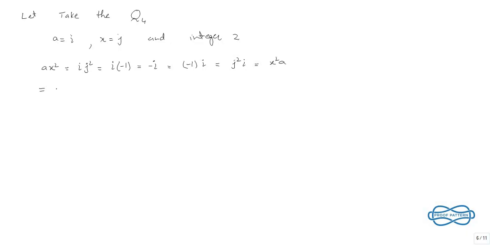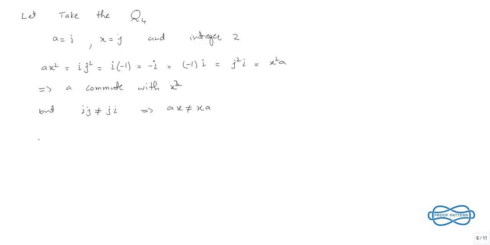This means a commutes with x squared, but ij is not equal to ji in general in this group quaternion 4. This means ax is not equal to xa.